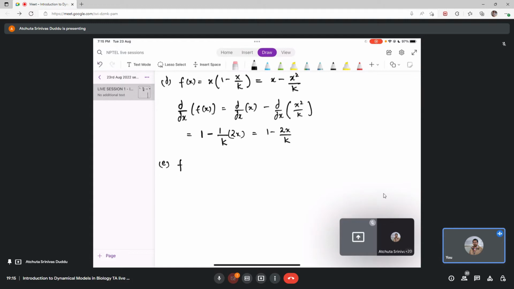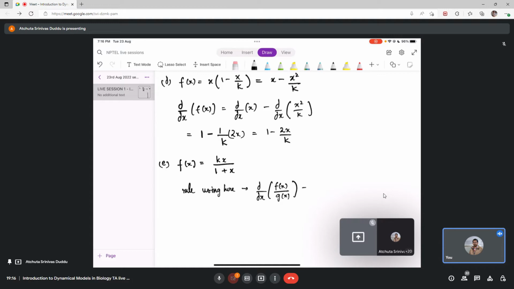Next, the f of x given for the e bit is kx by 1 plus x, right? The rule we'll be using here: let's say you have two different functions, f of x by g of x.